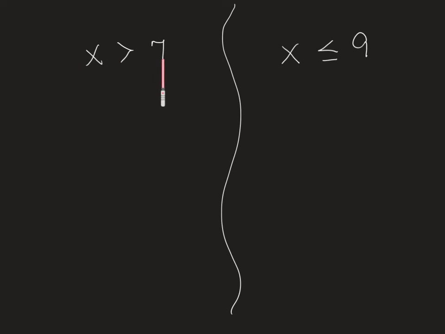That means 7 is my smallest number because x is everything greater than 7. But then we have to discuss what is greater than 7. How do we represent all of those numbers on the number line? And your answer would be infinity.